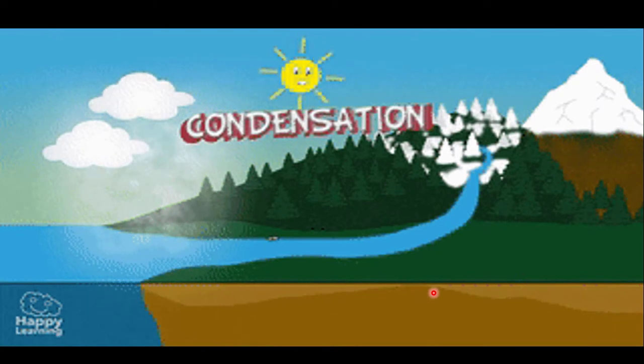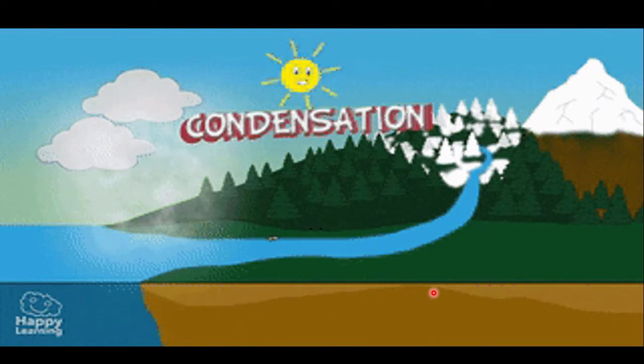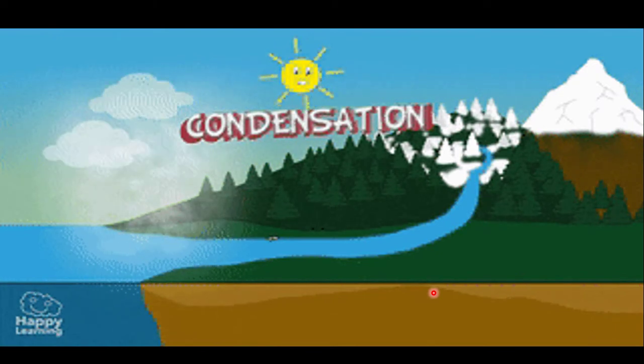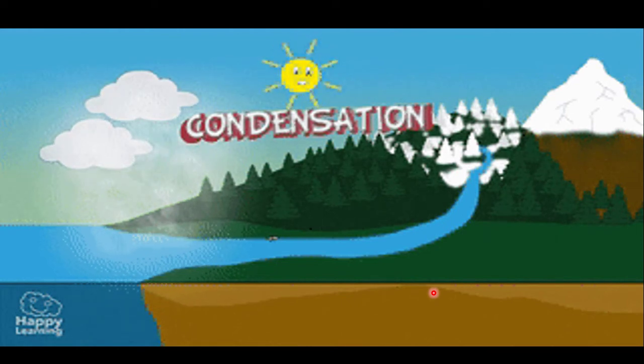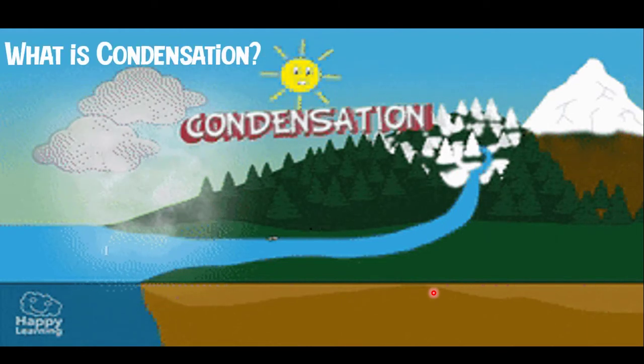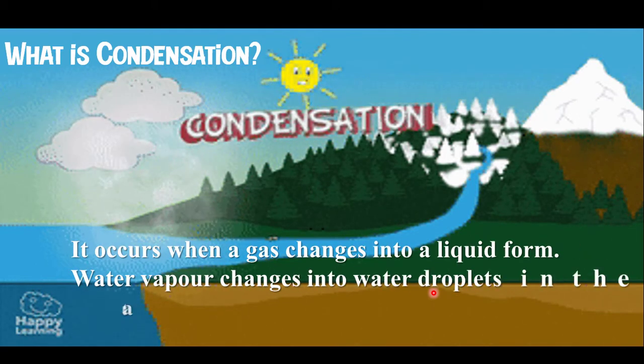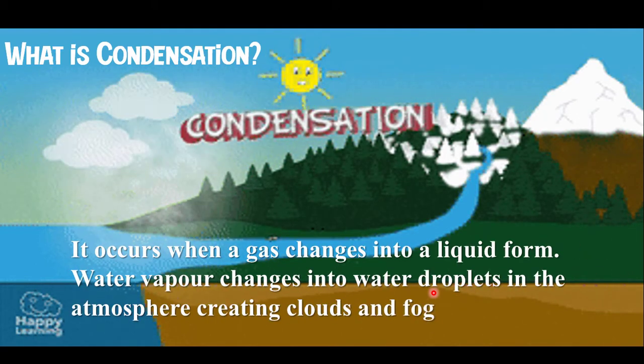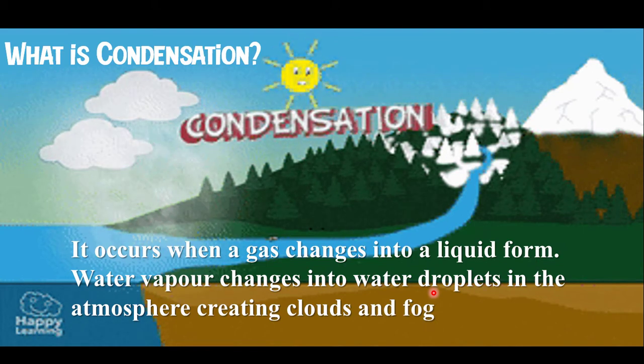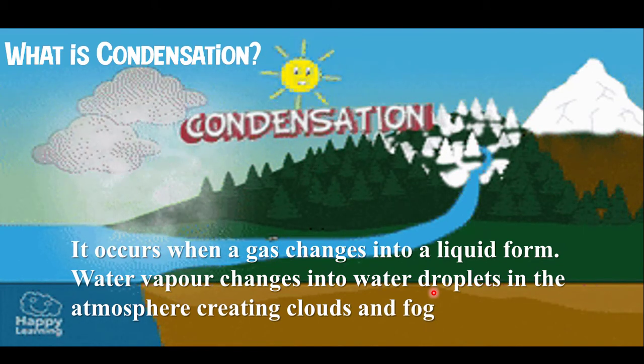Let's look at another term we saw: condensation. So what is condensation? Condensation occurs when gas changes into a liquid form. Water vapor changes into water droplets in the atmosphere, forming clouds and fog.